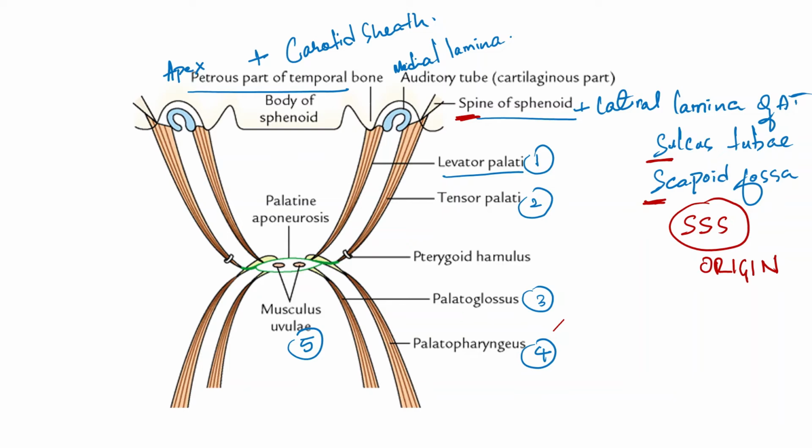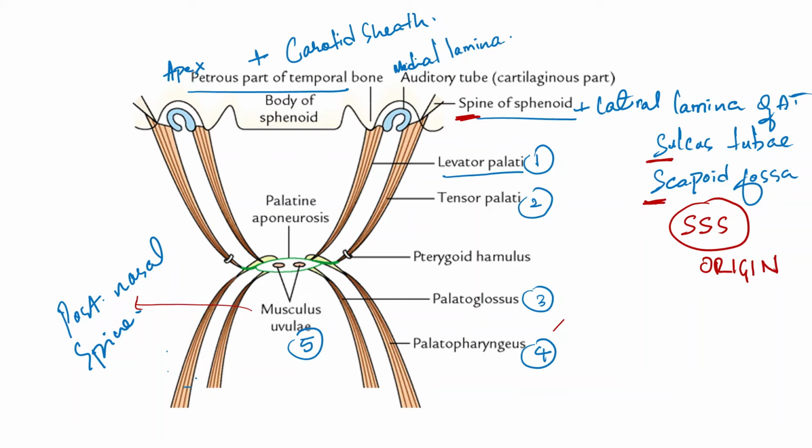The muscle is short and it is inserted into the submucous tissue of the base of the uvula, whereas the origin is from the posterior nasal spine of the hard palate. So this is about the attachment of the short muscle, the musculus uvulae.